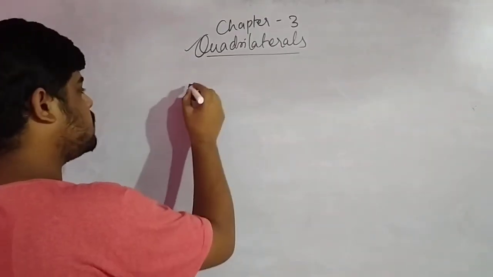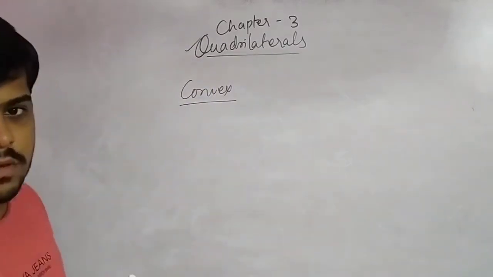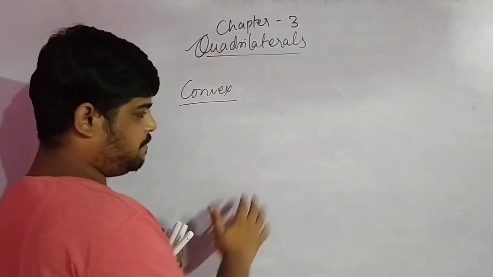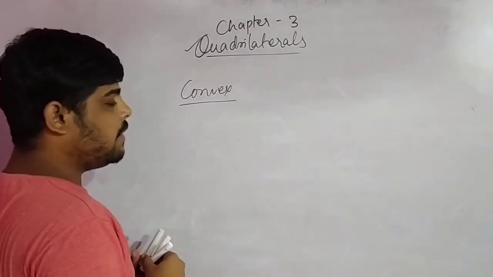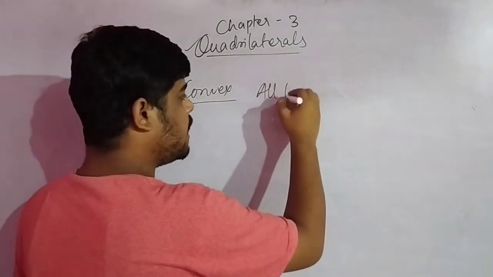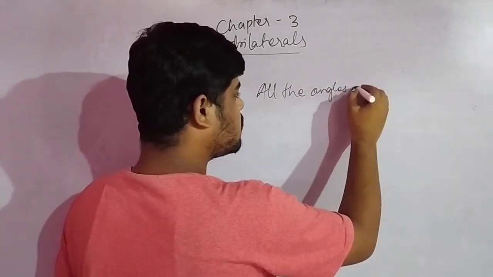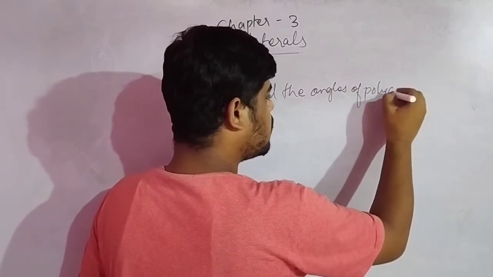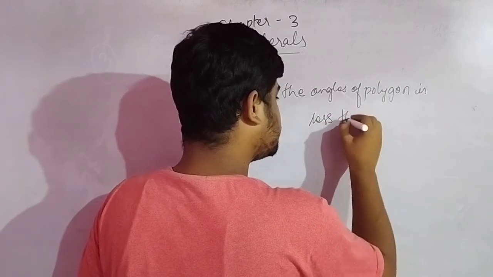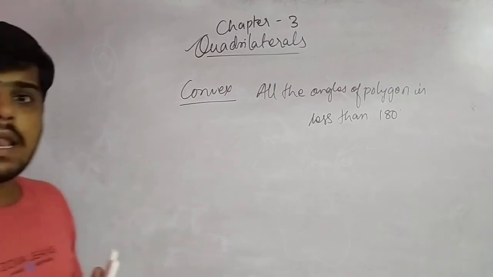Convex polygon. Now what is a convex polygon? A convex polygon is a polygon in which all the angles of the polygon are less than 180. तो सारे एंगल यहां पर 180 से लेस रहेंगे.